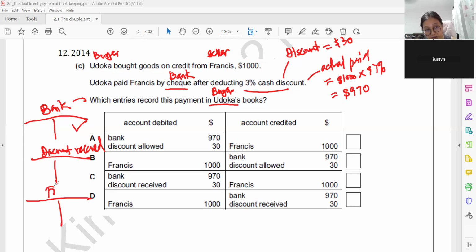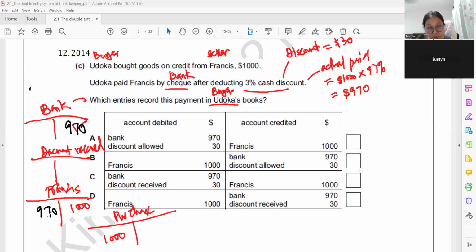Initially, how much were they owing? When he bought the goods at that time, he would debit purchases 1,000, and then Francis is giving out 1,000. But now Udoka makes payment. So the amount they paid is only 970. So it means that Francis only received 970. But this is a full settlement. That means the other 30 you have to put in here, which is the discount received amount.